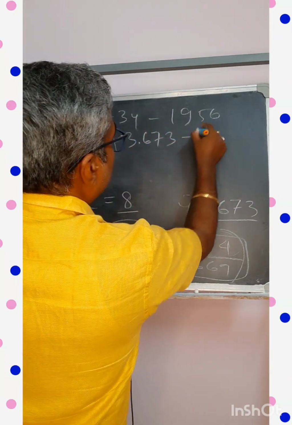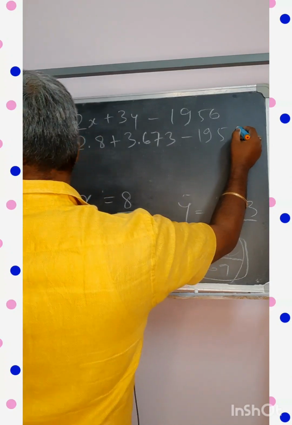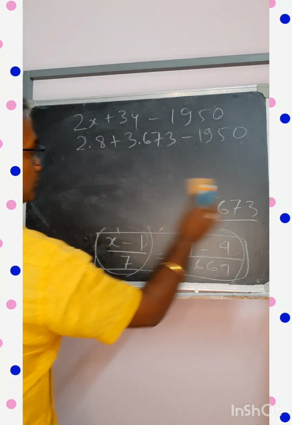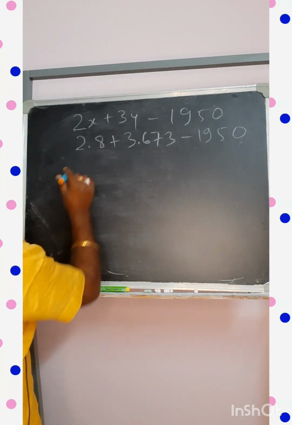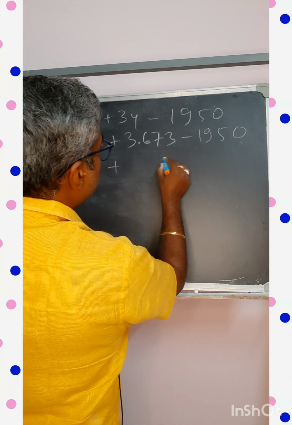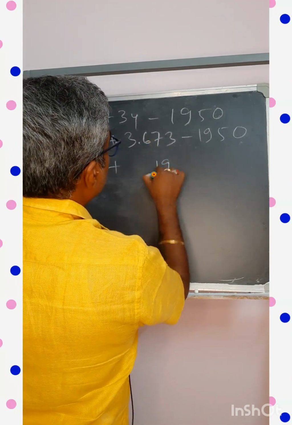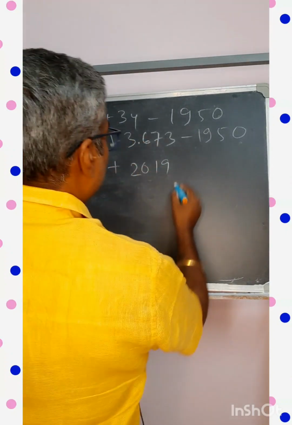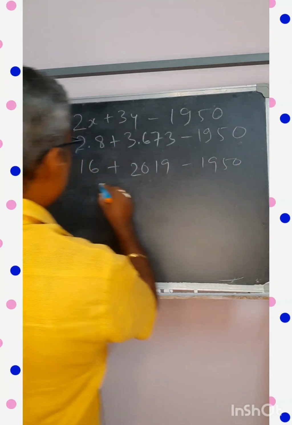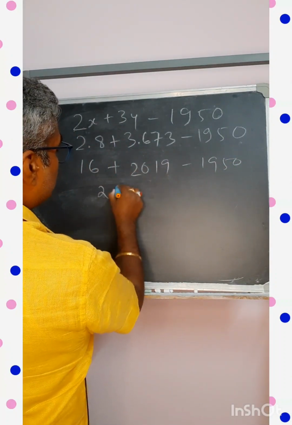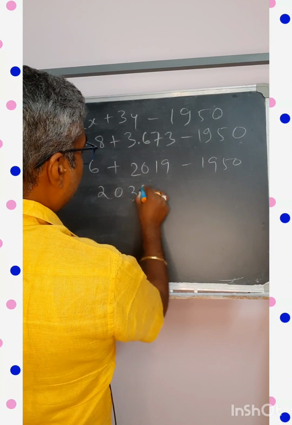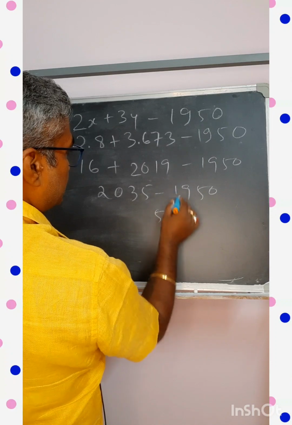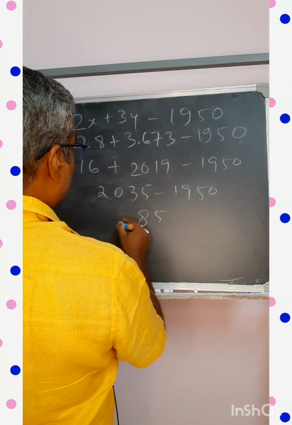2 times 8 plus 3 times 673 minus 1950. If we calculate it, 16 plus 2019 is 2035. Now 2035 minus 1950 gives 85.